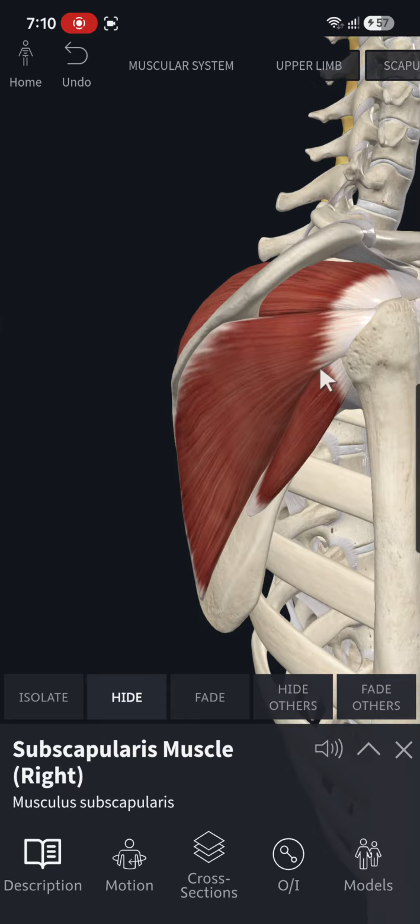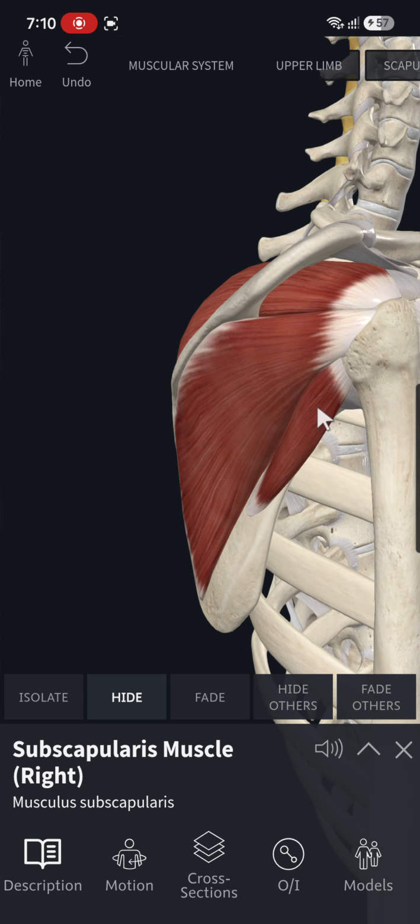So we have stability on the anterior part of the joint, but posteriorly we need flexibility and mobility. So there are no ligaments on the posterior side, but there are tendons that can stretch, like the tendon of the infraspinatus and the teres minor, that allow our mobility in this joint.